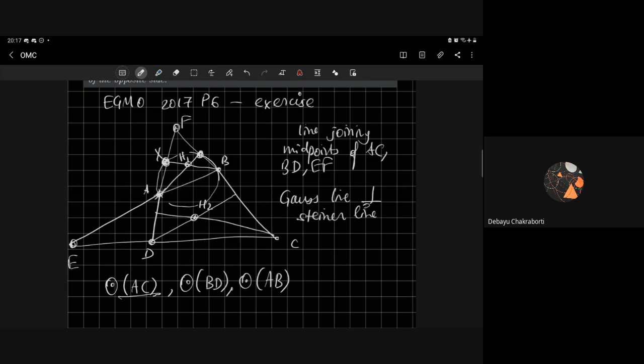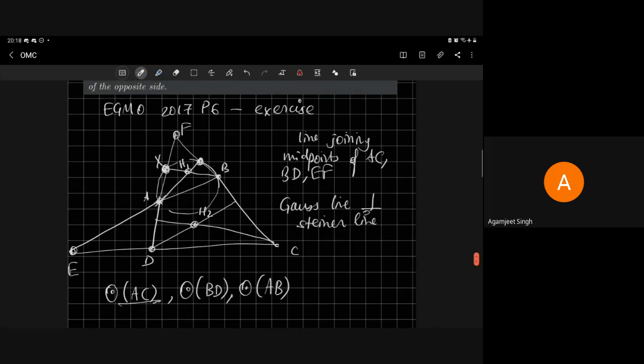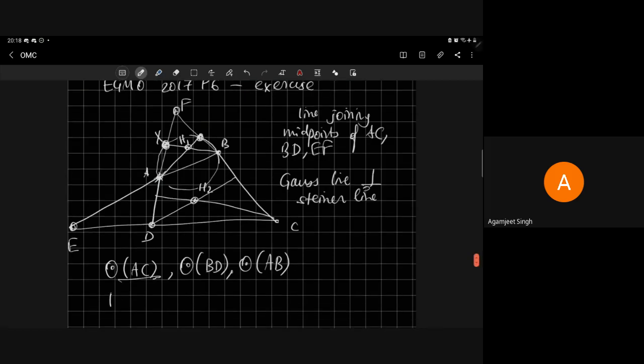Does that make sense? Yes. The power of H1 with respect to the circle with diameter BD is what?